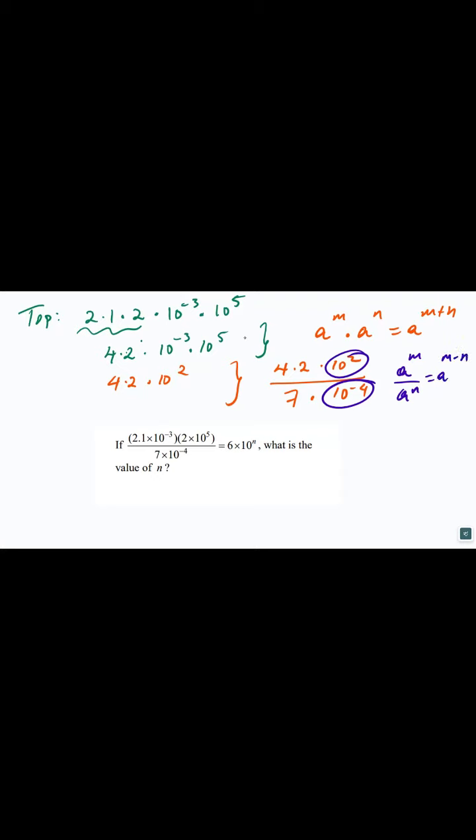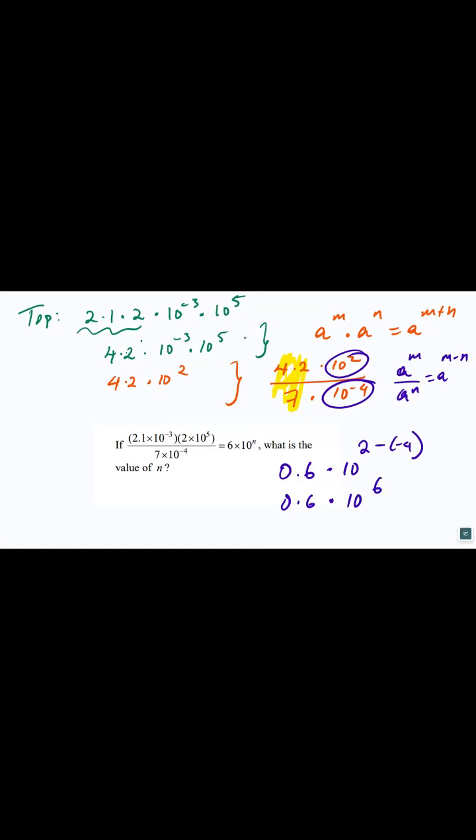So I'm going to divide 4.2 by 7. That's going to give me simply 0.6 times 10 to 2 minus negative 4. So I'm going to have 0.6 times 10 to 6.